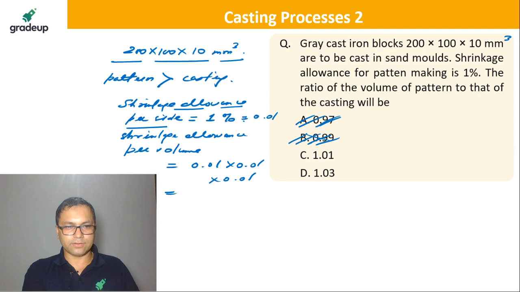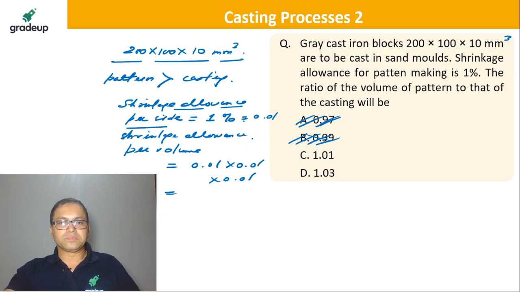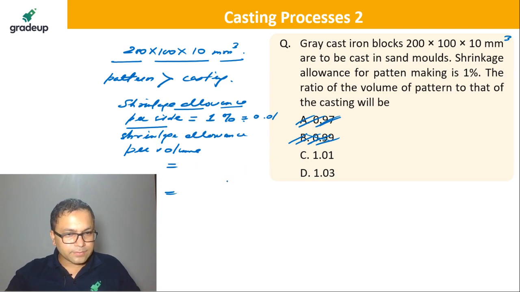1.03, so people are saying 1.03, right? Okay, so let's take it otherwise. Shrinkage allowance per side is 0.01, we are saying.